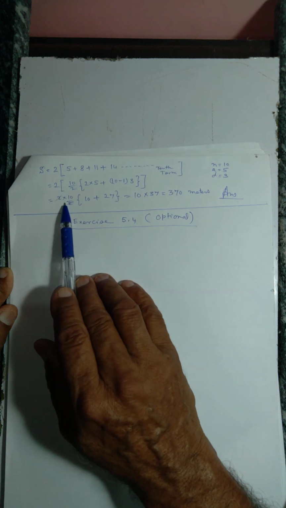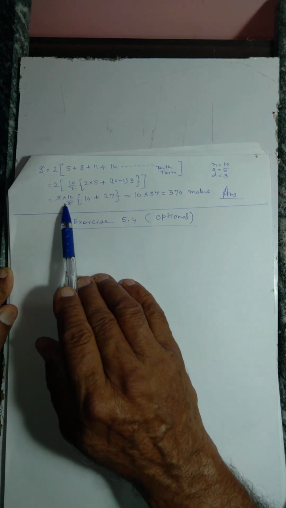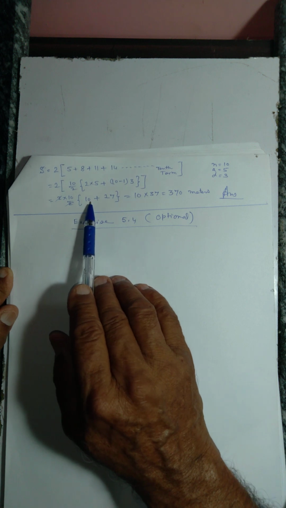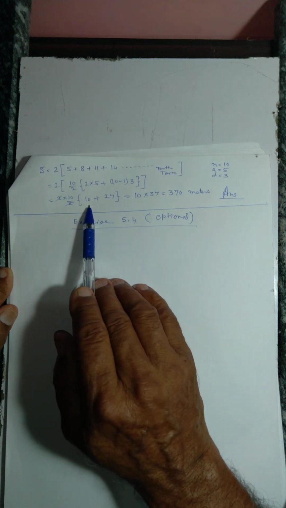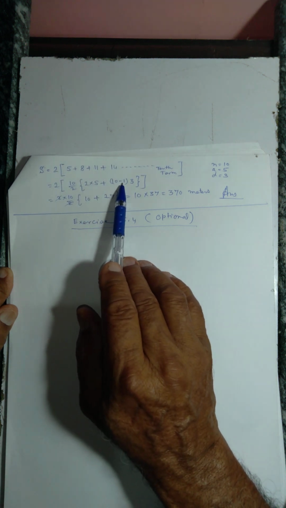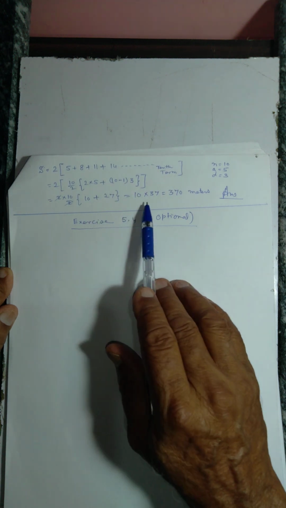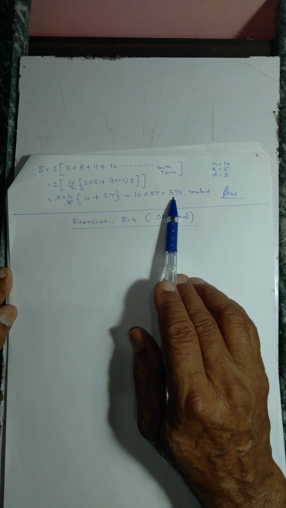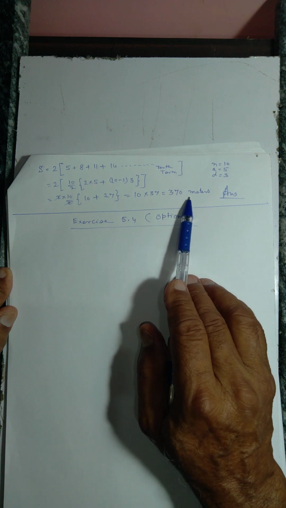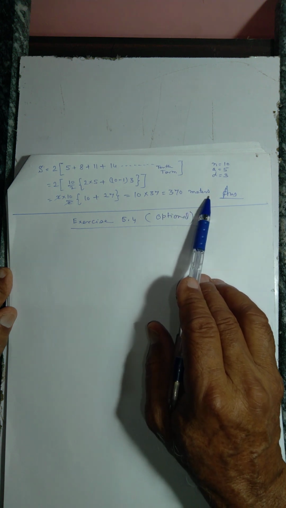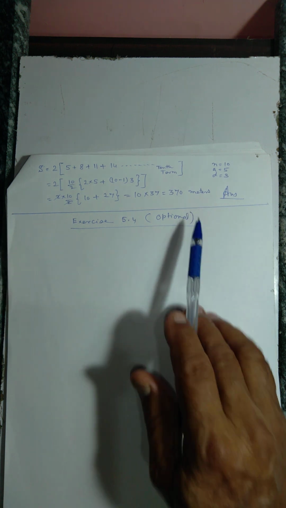So we will get 2 × 10/2, solve it, you will get 10 here, and 2 × 5 is 10, again 10 here, and here it will be 9, (10 - 1) × 3 = 27. So 10 × 37 will be equal to 370 meters distance he has to cover.